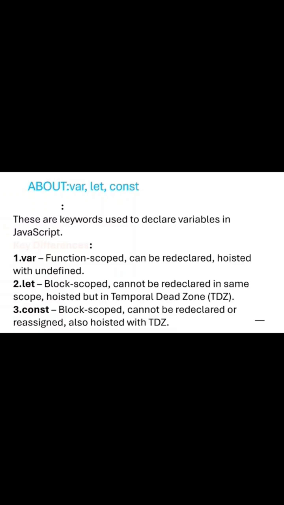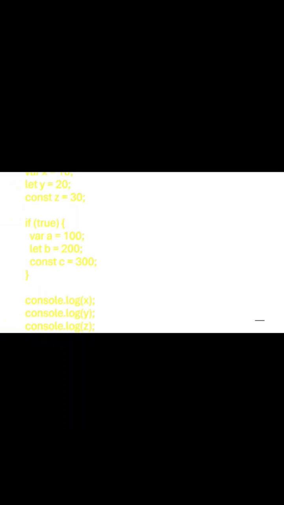Coming to the second one, let: block scope, can be redeclared in the same scope, hoisted but in the temporal dead zone, that is called TDZ. And coming to the last one, const: block scope, cannot be redeclared or reassigned, hoisted with TDZ. And we take this as the example, and we go into the next slide.